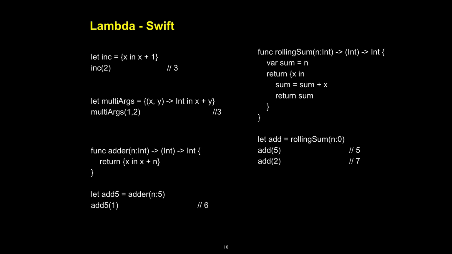Lambdas in Swift, well, the syntax is different, and there are different ways you do it depending upon how many arguments you've got. You've got shorthand notation, etc. Here's a lambda incrementing multiple arguments. The same adder works the same way. The one thing different is that in Swift, lambdas can have more than one expression. And so then we get a more interesting example.